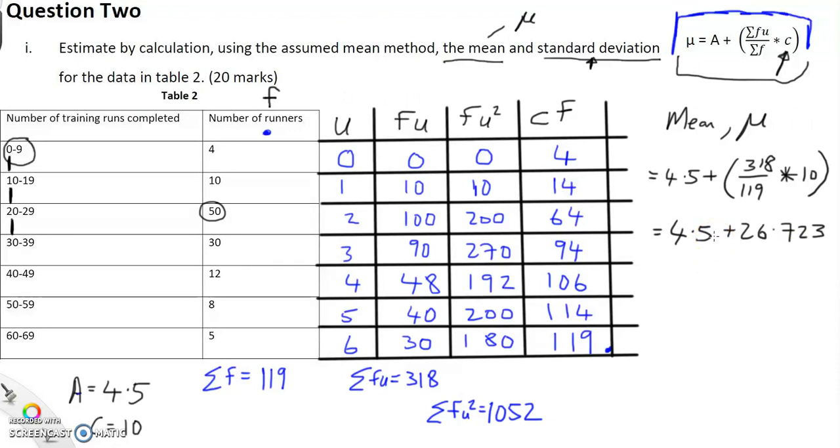I add that to 4.5, and I get 31.22, accurate to 2 decimal places. 31.22 what? That's the question. We need units now. It's 31.22 runs completed. So that's the average, or mean, number of runs completed by the runners in this set of data.